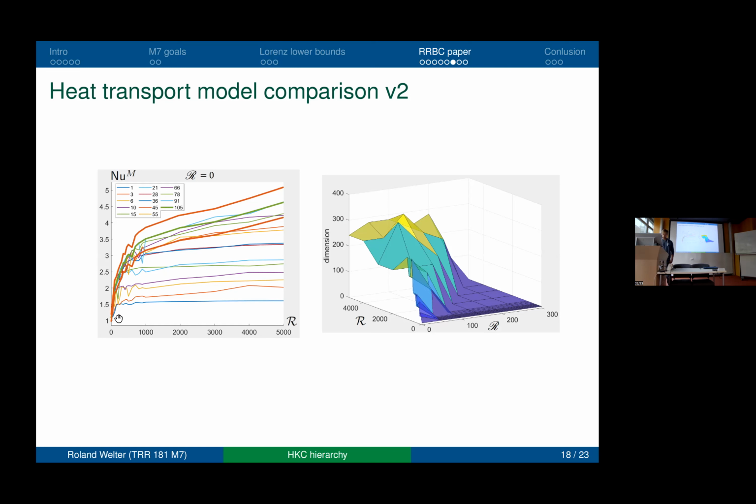And then on the right here, I've plotted the lowest resolution HKC model, which belongs inside this approximate zone, or good approximation zone. And we see that the dimension increases fairly rapidly with increasing Rayleigh number.